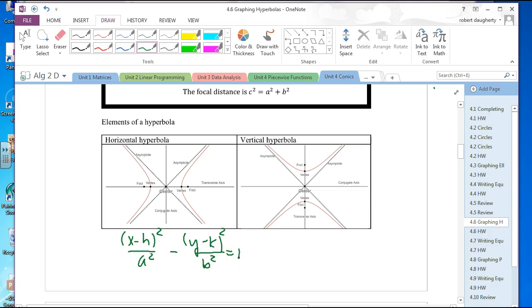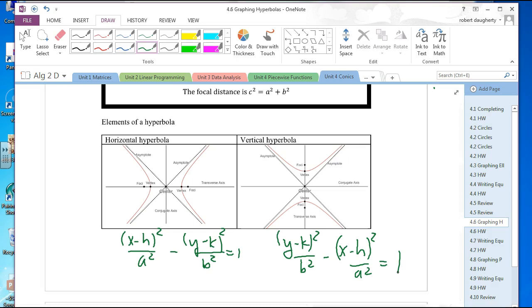The vertical hyperbola is y minus k squared over b squared minus x minus h squared over a squared equals 1. So whichever one is positive dictates horizontal or vertical.